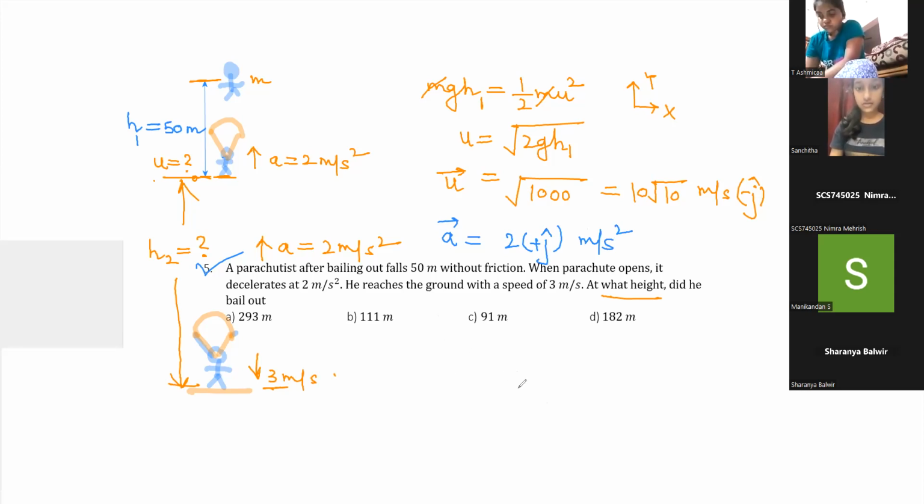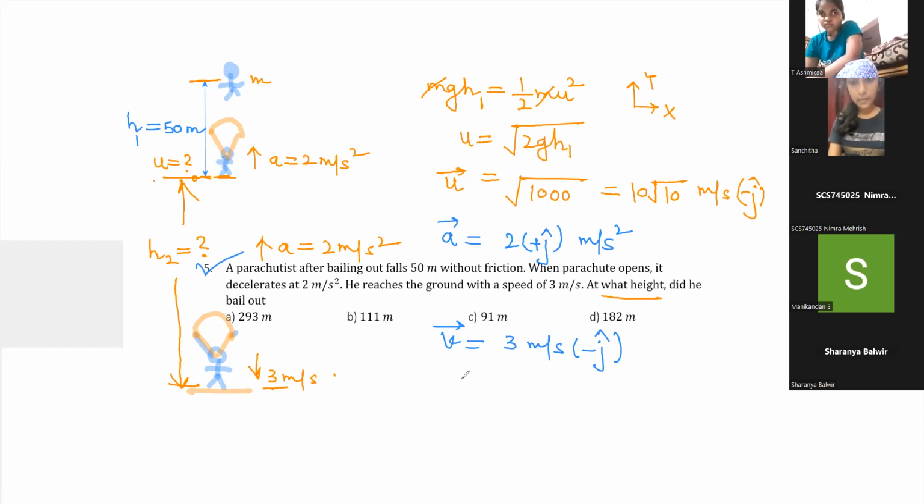What do you understand by retardation? It is opposite to the direction of velocity, right? Now, what is the final velocity? Final velocity is 3 meters per second. Plus j or minus j, Sanchita? You have to unmute yourself. Minus j. Very good.